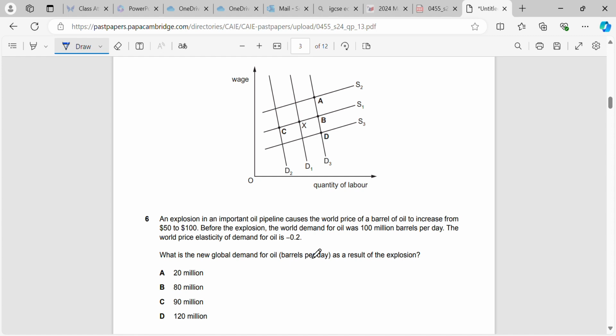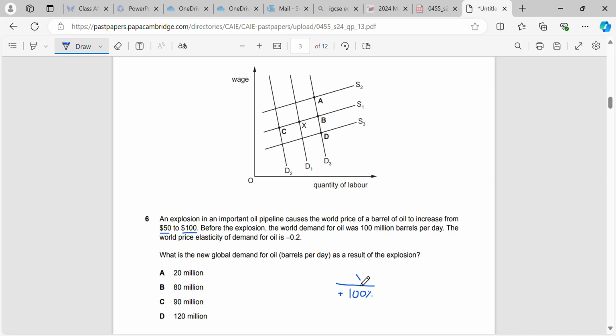Again, we just input our information into the formula and then we can figure it out. Okay? So, we're told the price increase here, from 50 to 100. That's a 100% increase. So on the bottom of our formula, we're going to have 100%. That's going to be a positive figure, right?